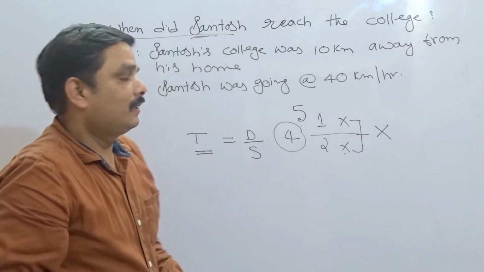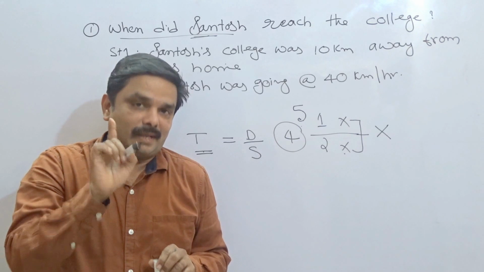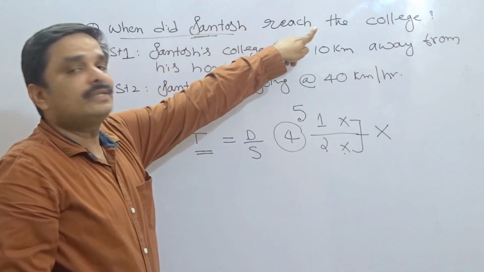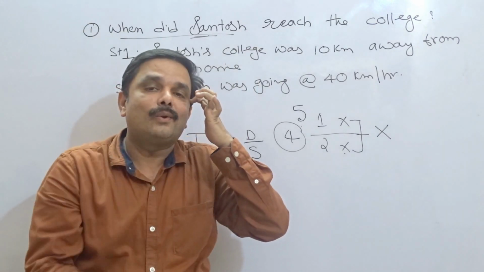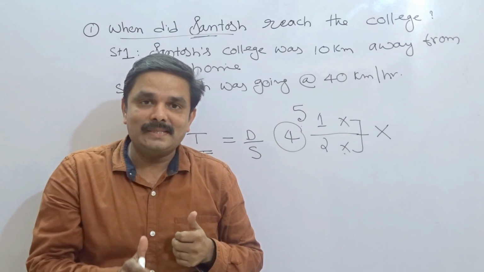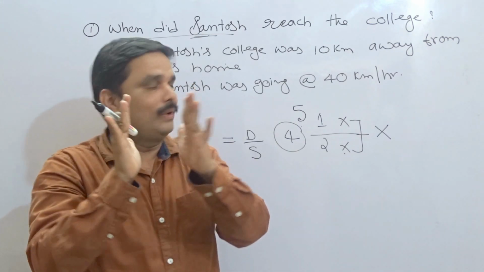What is the trick in this one? Here they failed to understand the question first of all. In the question, when they ask, when did Santosh reach the school? What do you mean by when? When means when only, right? When means they are asking for the ending time.